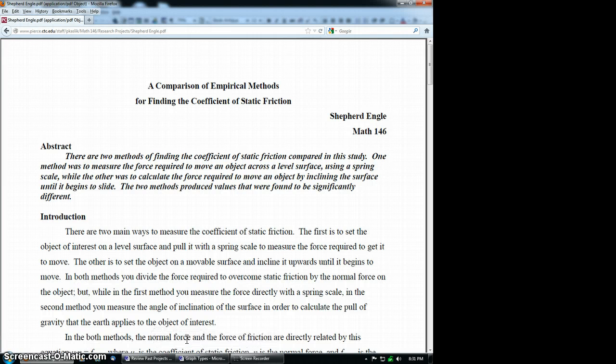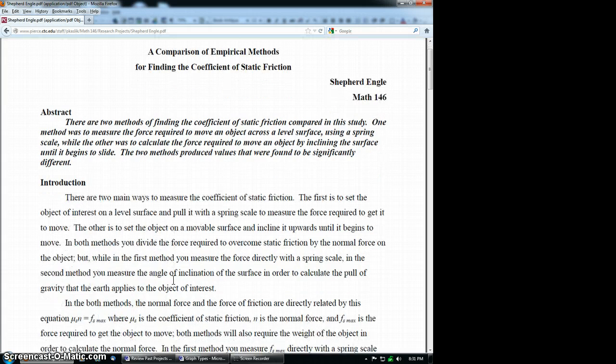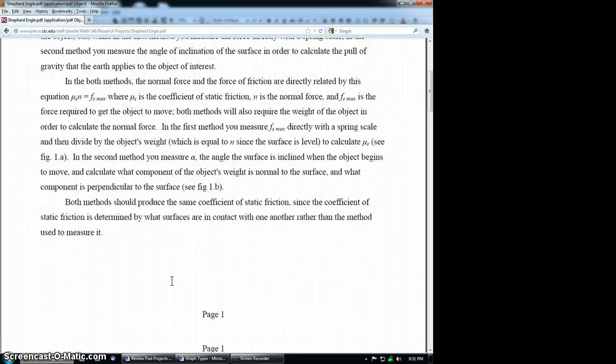And we're not going to print this out because there's no need for it to be printed, but we will read through it, or you should read through it. So you get an idea of the different sections of the project, such as an abstract. Notice that abstracts are short and ultimately tell you what the results were. Then there's an introduction.